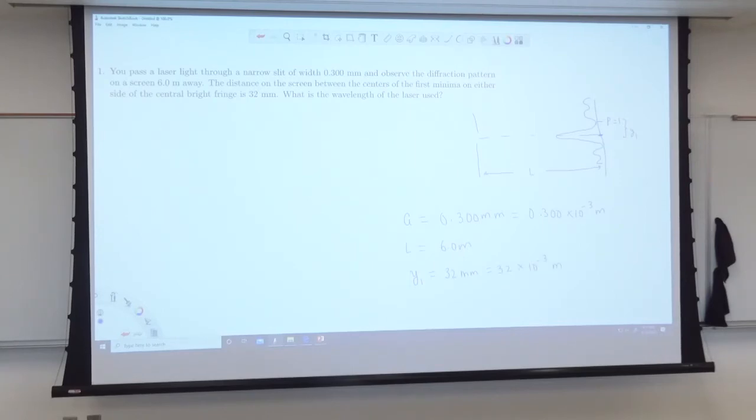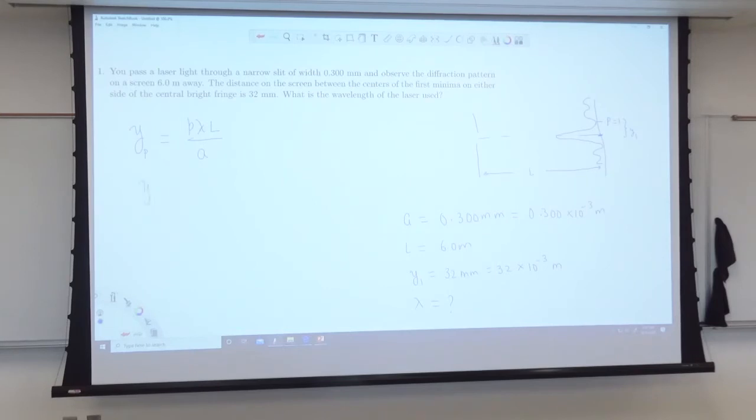And then we need to find the wavelength of the laser. Lambda is what? So we know for the dark fringe, the general formula would be Yp is P lambda L over A. And then we want to find lambda.